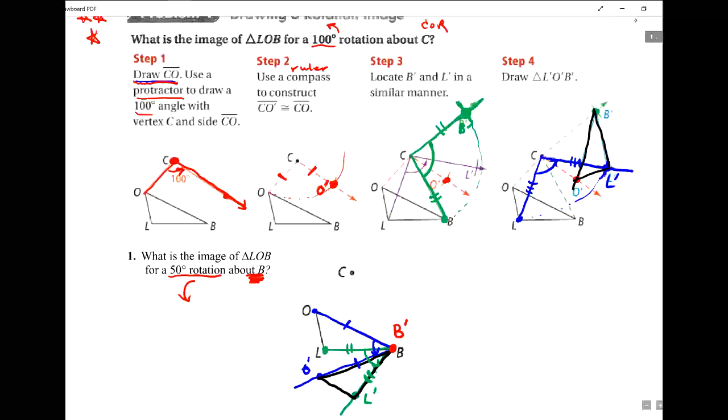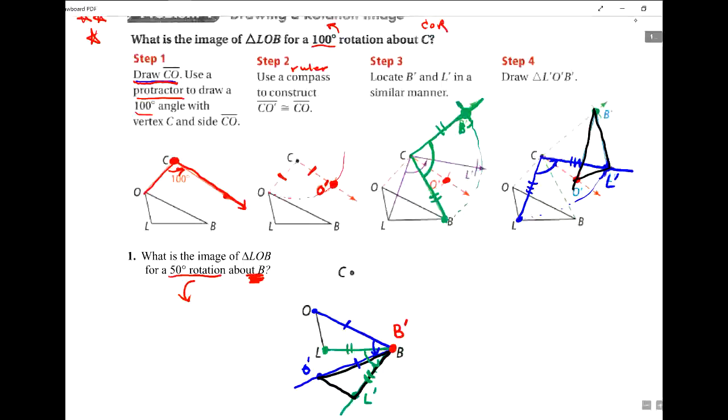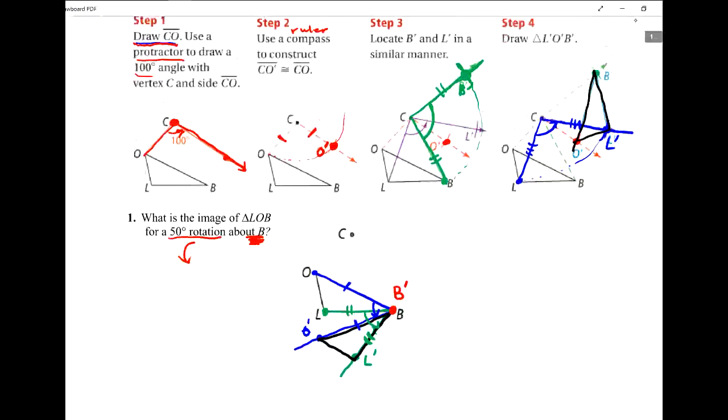And then I just repeated that for point L, 50-degree rotation, measured BL prime, and put my dot and just drew my new triangle, triangle L prime, O prime, B prime. All right, not too bad.